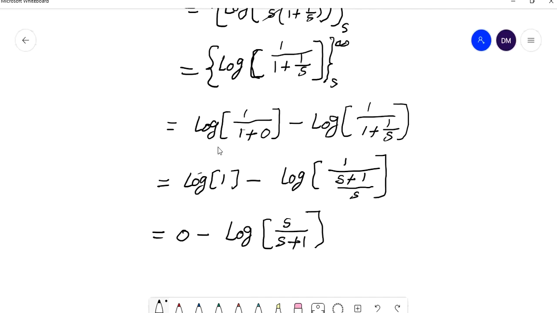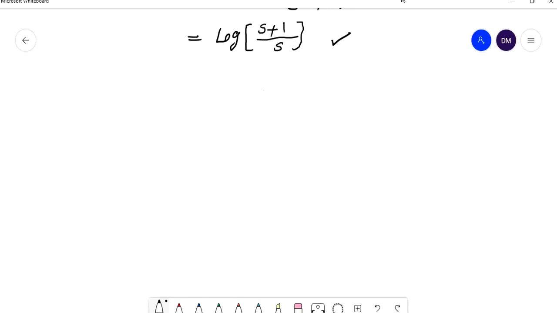So this is equal to minus, log of a by b can be written as log of b by a, so log of s plus 1 by s. So this is the solution of the first problem in the division by t property.